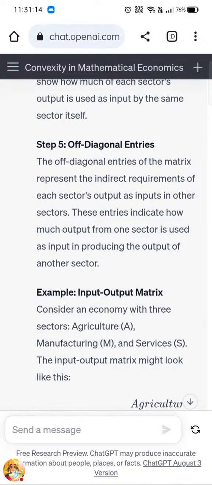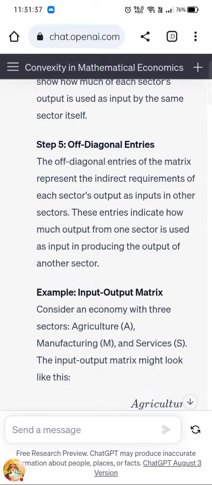Then off-diagonal entries. The off-diagonal entries of the matrix represent the indirect requirements of each sector's output as inputs in other sectors. These entries indicate how much output from one sector is used as input in producing the output of another sector.